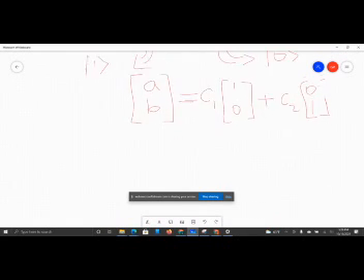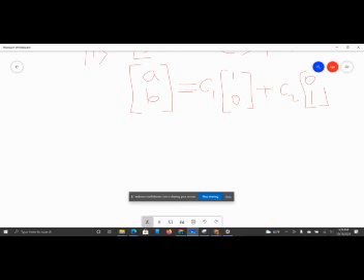Basically, what we have to show is that for every A and B, there is a corresponding C1 and C2 that will produce (A, B).